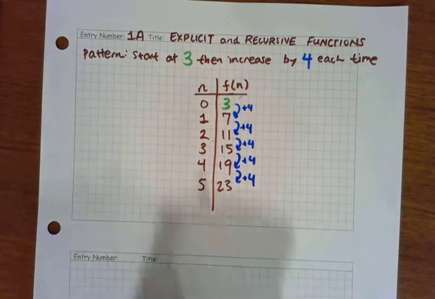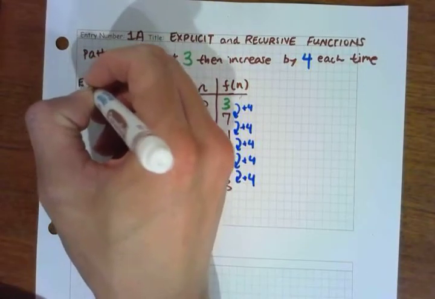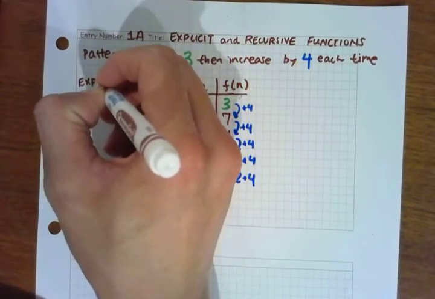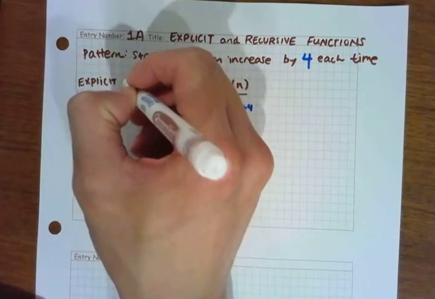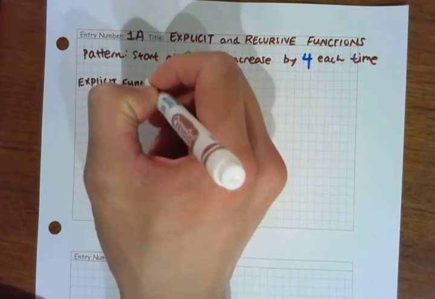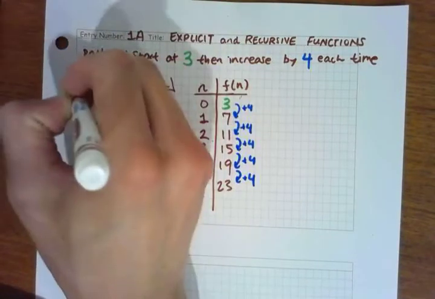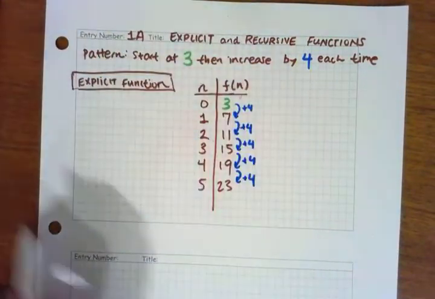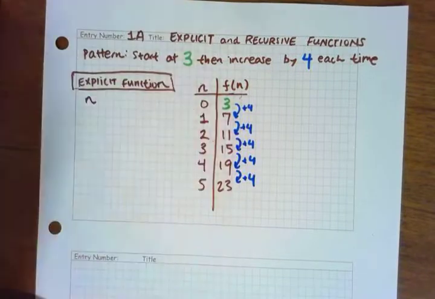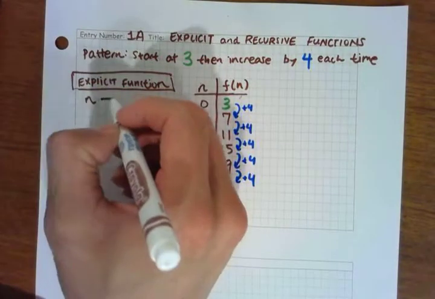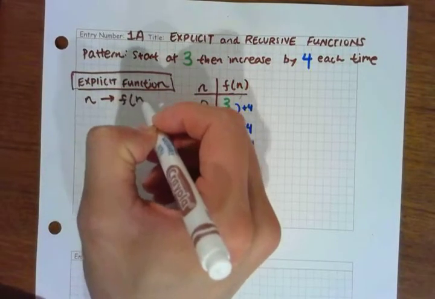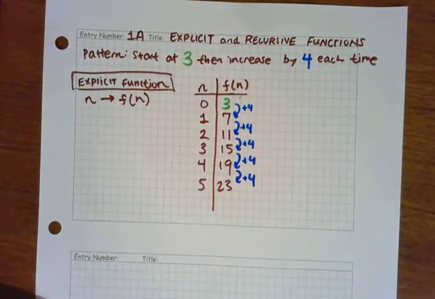And if you want to represent this pattern with an explicit function, your input is n, and then once you put it through the function, what you get out of it is f of n.